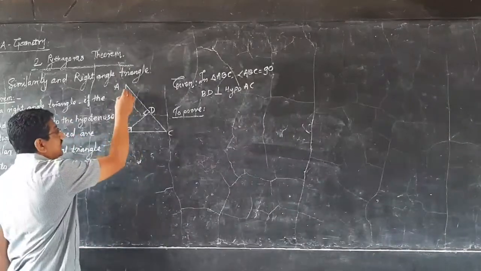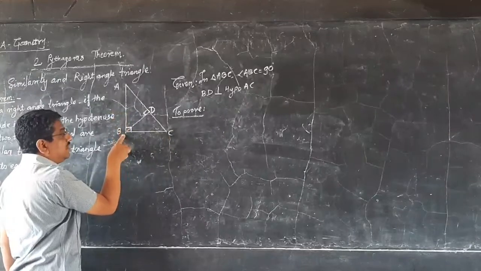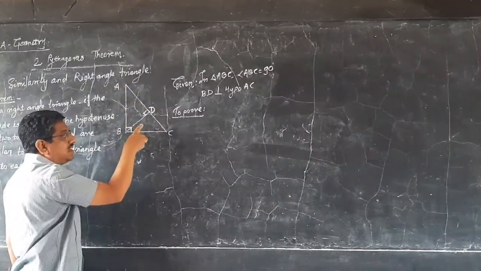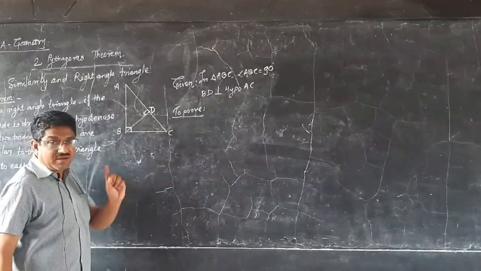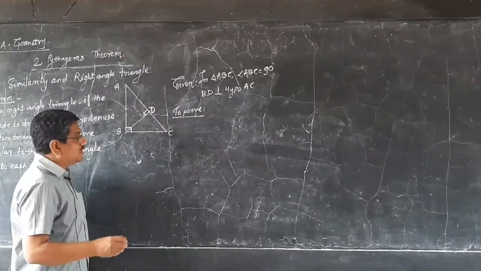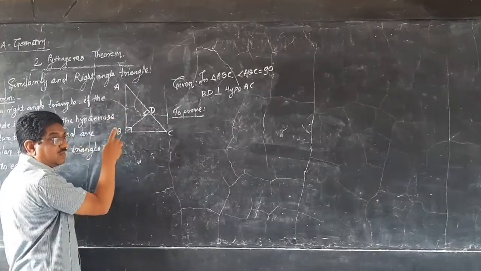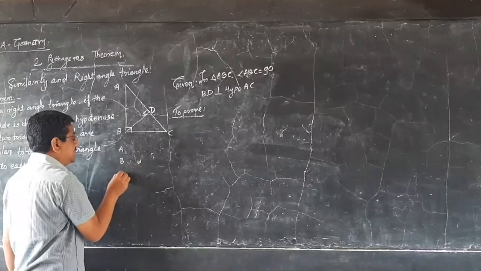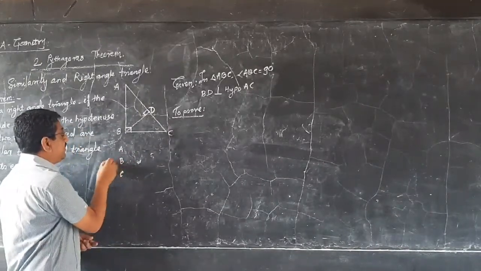Like this. These are the three vertices of the original triangle ABC. B is 90, here D is 90, in triangle ADB, D is 90, in triangle BDC, D is 90. In all the triangles, there is a right angle vertex. Now, suppose you take the sequence of the vertices of the original triangle ABC like this, ABC. Now, B is 90 degrees.